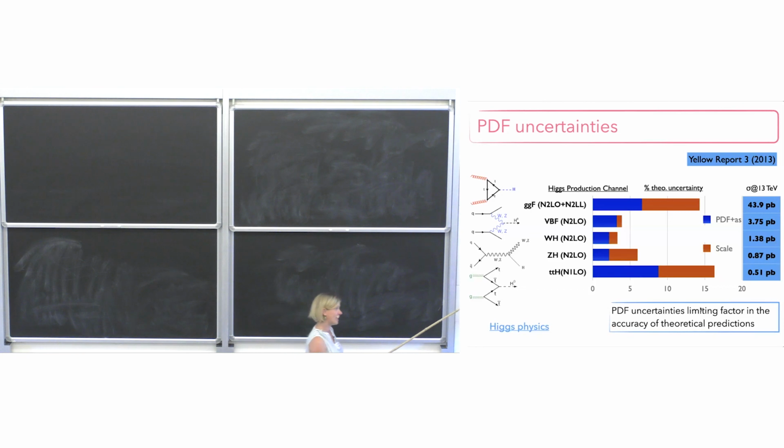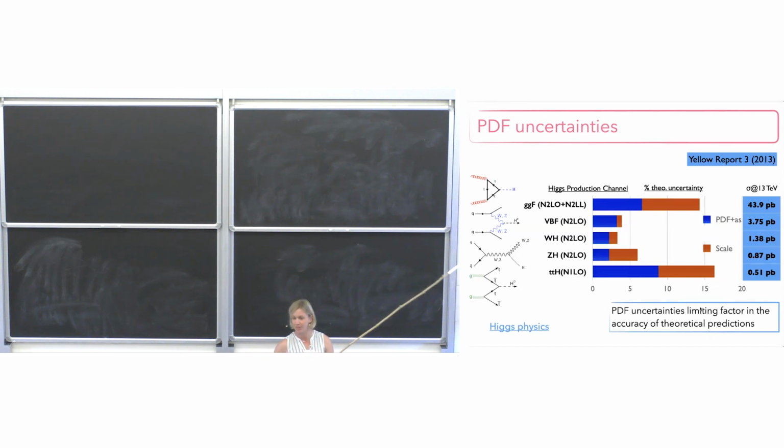And you can see that the total theoretical uncertainty, which is given as a percentage of the cross-section here, is split in 2 components. So the red component is the one due to missing higher orders in our perturbative expansions. Okay, this is usually evaluated by varying factorization and renormalization scales.